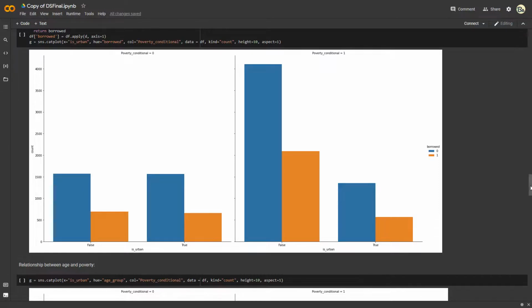In the rural area, this kind of borrowing is lower, and it's basically in the same ratio.